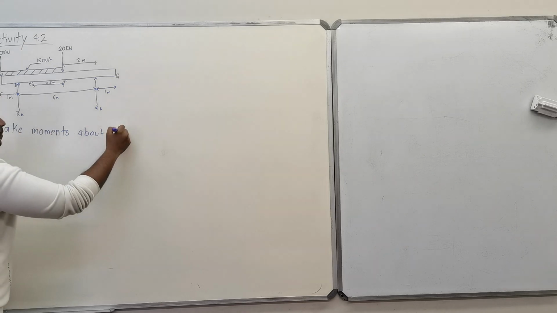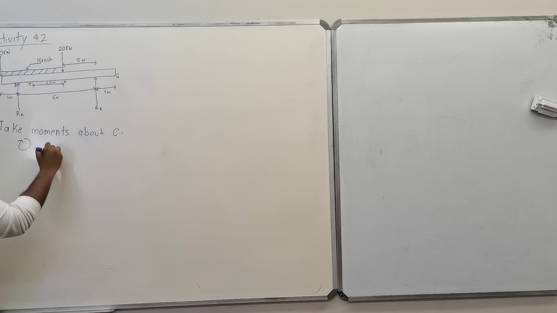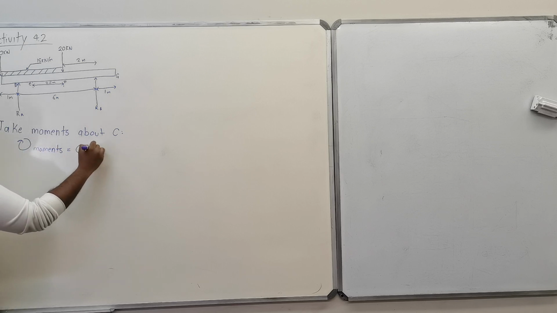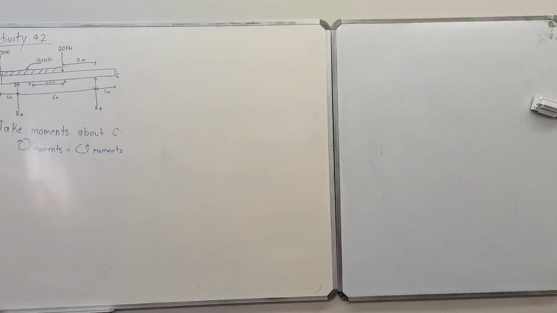So now we're going to take moments about C, and when we do that, we say clockwise moments is equal to anti-clockwise moments. Looking at C, what would cause the other end to move in a clockwise direction? Is it your upwards or downwards force? Downwards force. So this becomes 30 times, how far away is 30 from C? 0. Plus the uniformly distributed load, which we need to convert into a concentrated load.